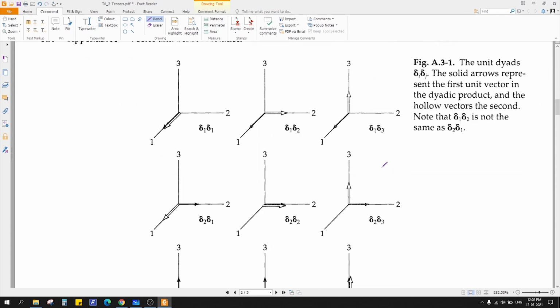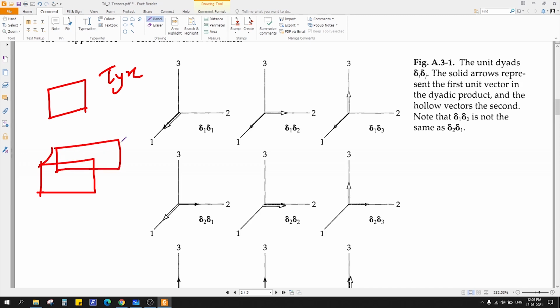So what is a tensor? Basically, to define a tensor, you need 2 directions. Suppose you study Newton's law, then you have tau yx, right? This is a tensor component actually. So this means, let's say you have a surface. What is the y surface? Definitely this one, right?